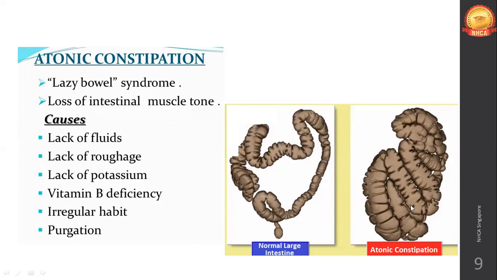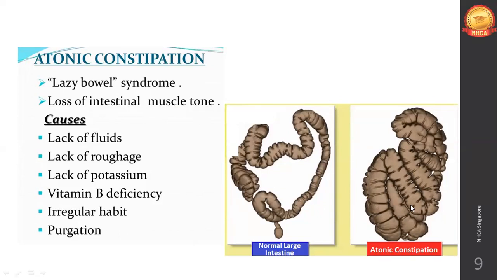Atonic means absence of tone, muscle tone, in the large intestine. Okay, that's the name meaning. So another name for this is lazy bowel syndrome. Here the large intestine loses its intestinal muscle tone.